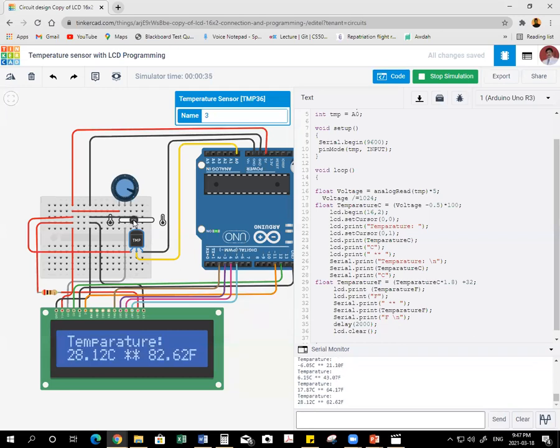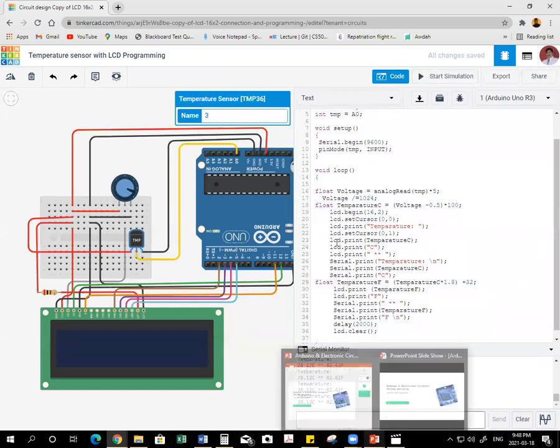Everything is showing here. So like this, we have to enjoy the programming and block building, everything we can do in Tinkercad. Okay, I finished all successfully. If you have any doubts, you can ask now. I'm stopping here.